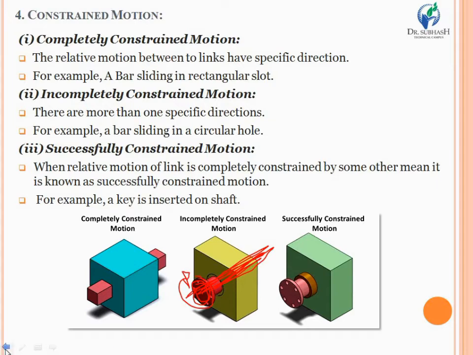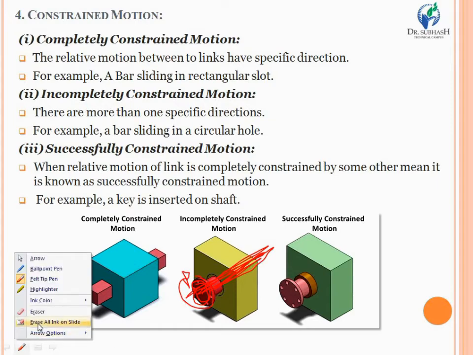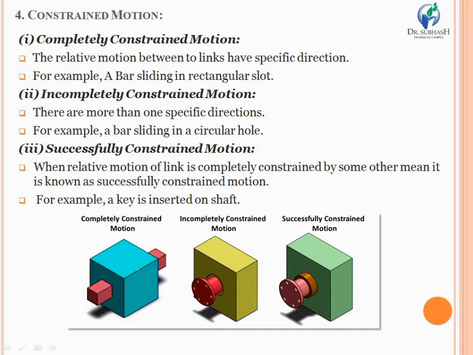So if you are finding any assembly in which two velocities in different directions are obtained, of course it will be known as incompletely constrained motion. For example, screwing a nut onto a bolt is a very simple example of incompletely constrained motion. After that, the third type of constrained motion, that is successfully constrained motion.